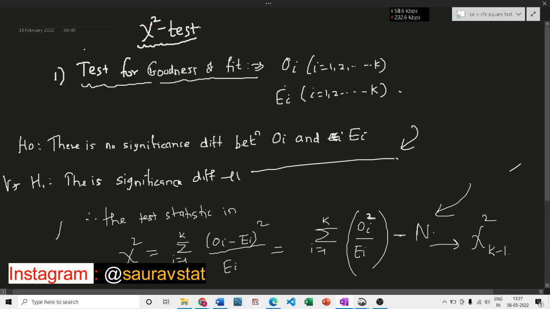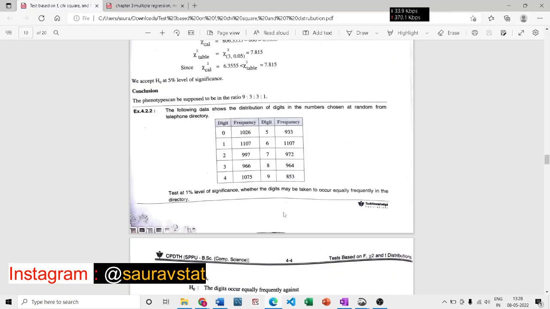On this test for the goodness of fit, these are the observed frequencies given in the example, the digit and the frequency.